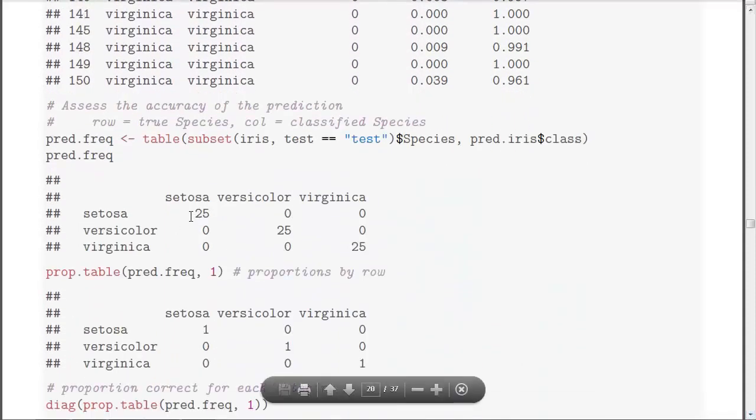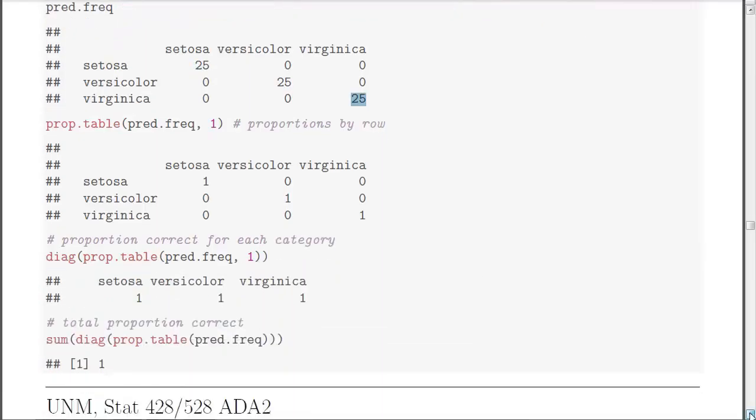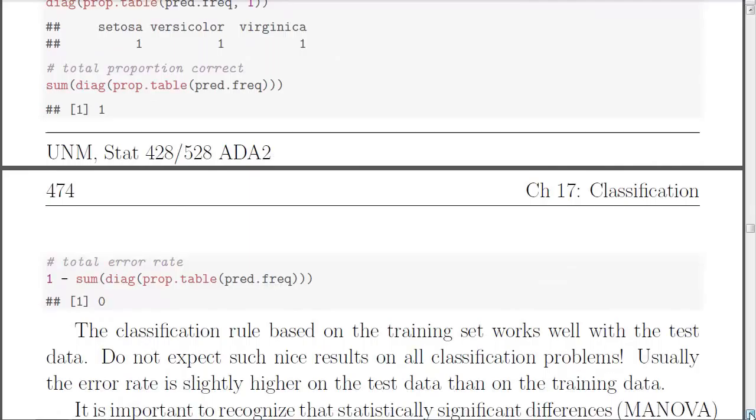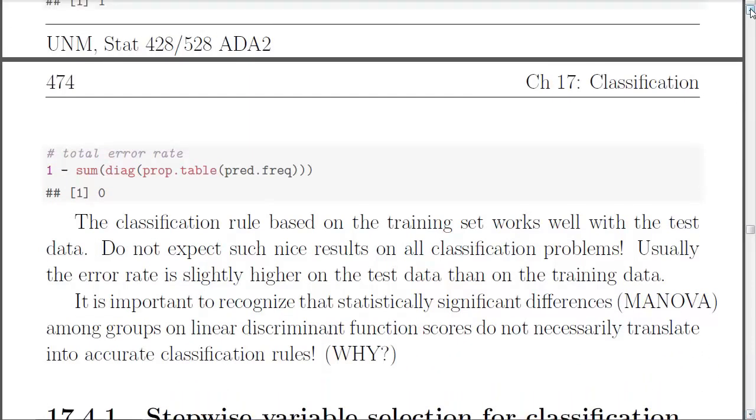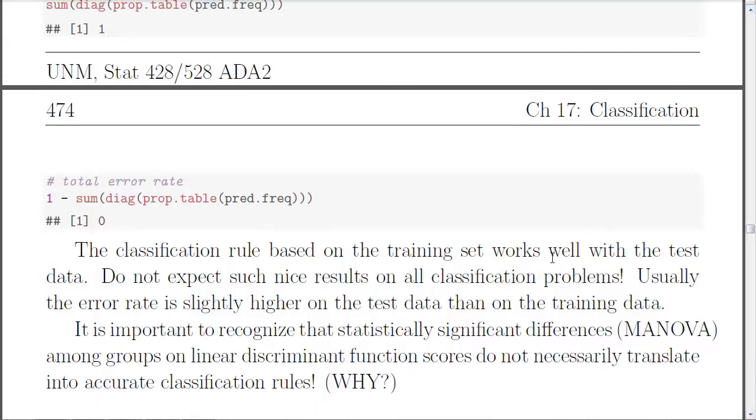If we look at the classification tables, we see perfect classification along those diagonals. So these summaries are not really interesting in this case. And so this worked remarkably well. Do not expect such nice results on all classification problems. Usually the error rate is slightly higher on the test set than the training set.